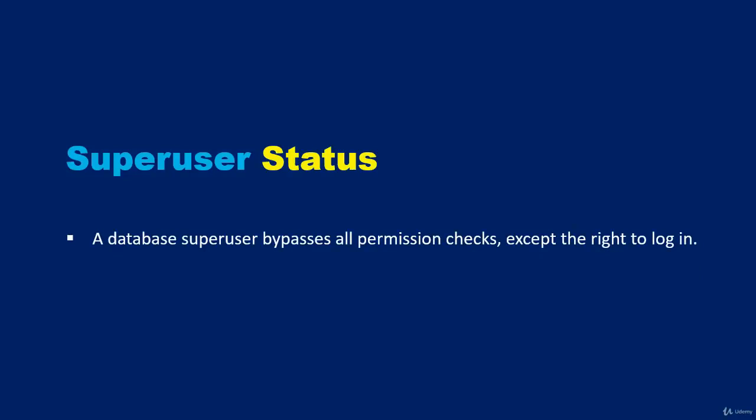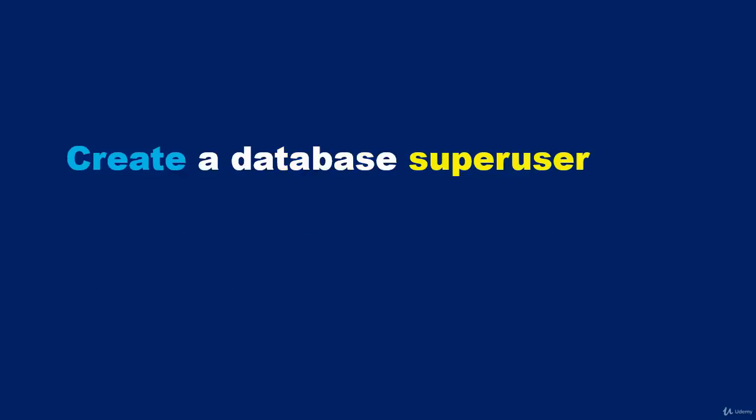A database superuser bypasses all permission checks except the right to login. The superuser is a dangerous privilege and should not be used carelessly. So you have to be careful how you use the superuser privileges because it is extremely powerful.